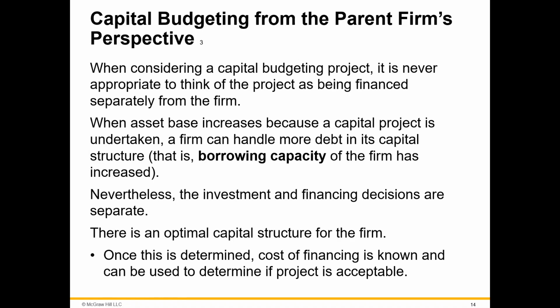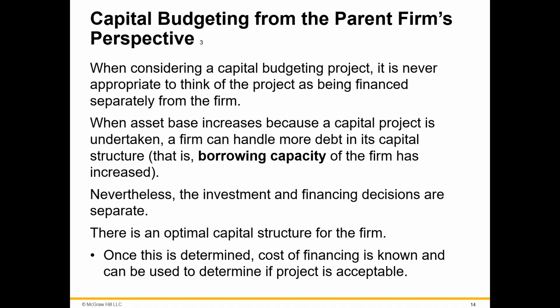So this is a comment about borrowing capacity. And in general, when we have more stuff, we have more borrowing capacity. So it's not quite correct to think, well, what's the borrowing capacity of the current firm? If I borrow up to that capacity and invest in this project, that's the most I can do, because that capacity will then have increased.